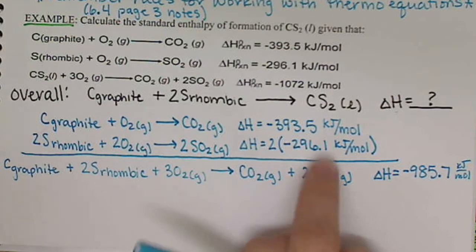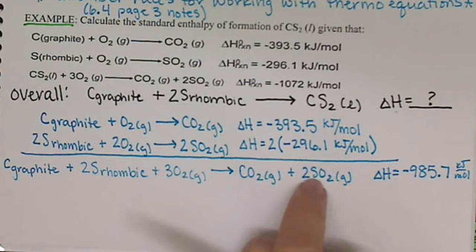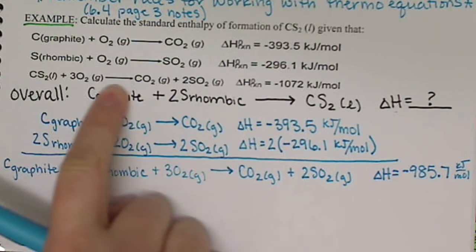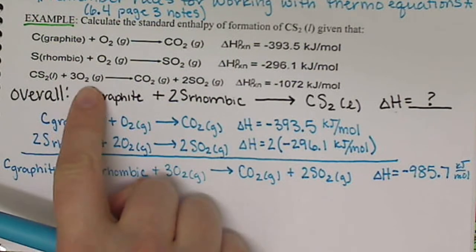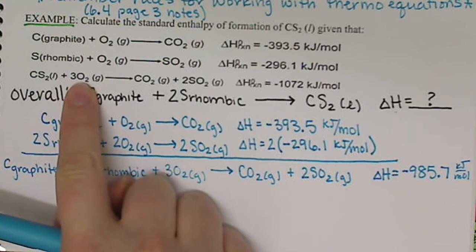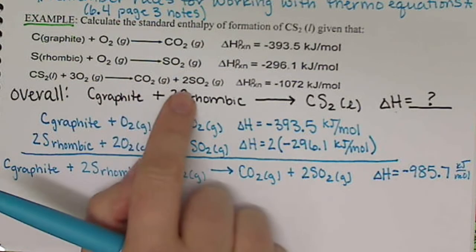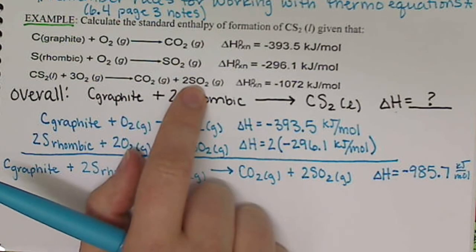I need to also gain a CS2 in my products. So if we look at this third equation here, I have 3 moles of oxygen, and then on the opposite side, I have carbon dioxide and 2 sulfur dioxides.